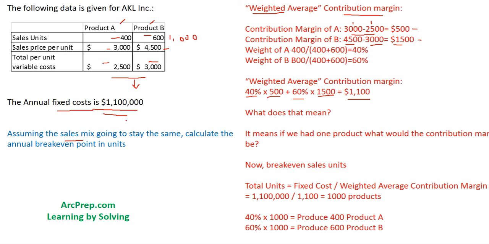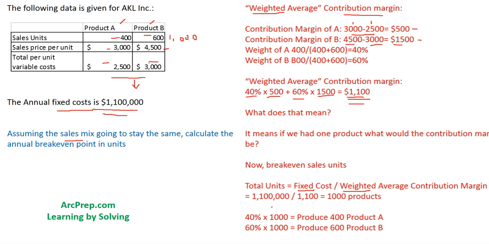That's exactly what we are going to do. I'm going to divide the fixed costs by the weighted average contribution margin. It's this one here. I would divide it by contribution margin if it was one product. Now I'm treating these two products as if they are one product with the following contribution margin.